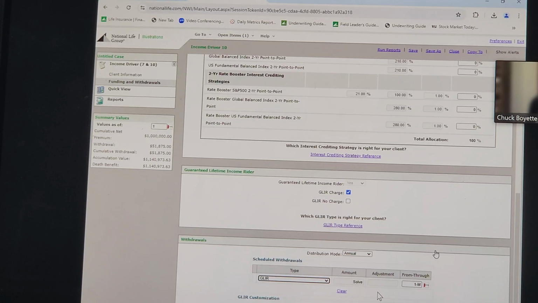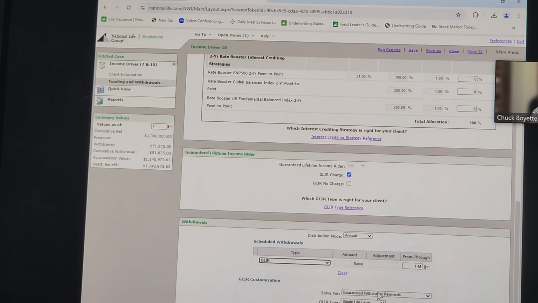And when we do that, it automatically defaults to year one. You can change that. If you wanted to wait 10 years, you could do 10 to maturity. What you can't change is the length of the income. It's always going to go to maturity because this is a guaranteed lifetime income rider.